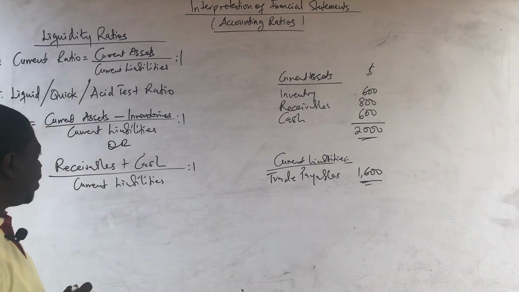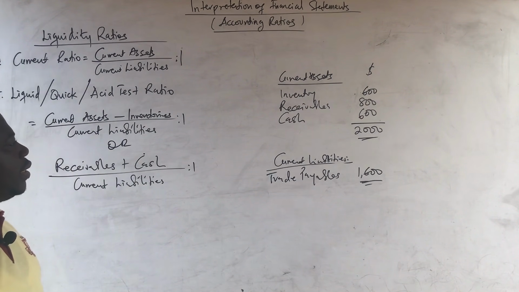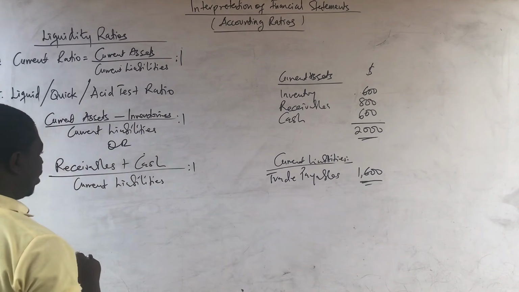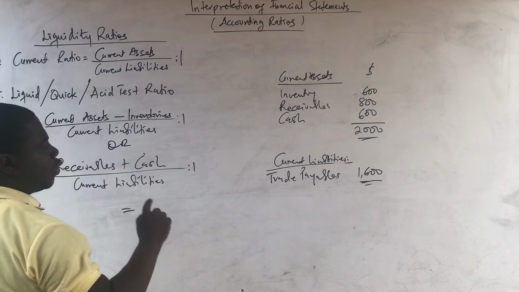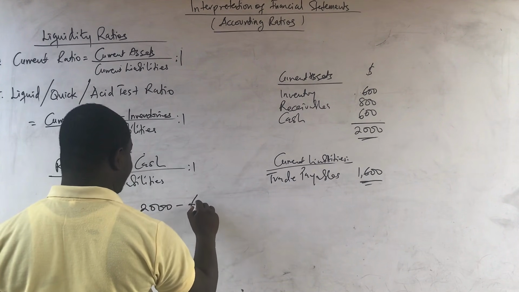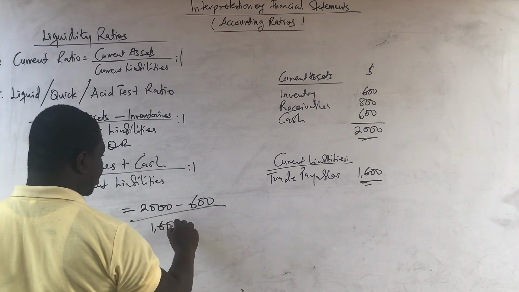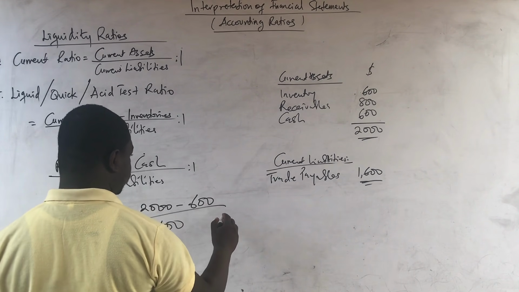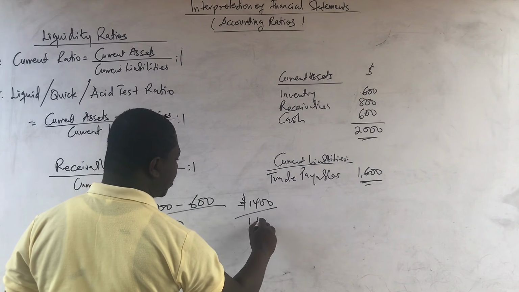Now let us take note of something. Let us try and calculate this with the same figures that we have here. So here the quick ratio is going to be 2,000 minus 600 over 1,600, which is $1,400 over $1,600.